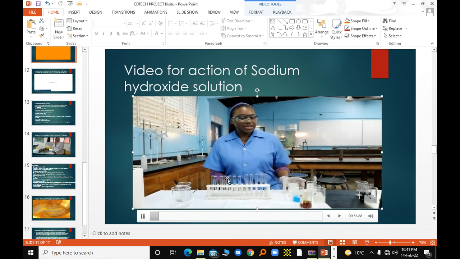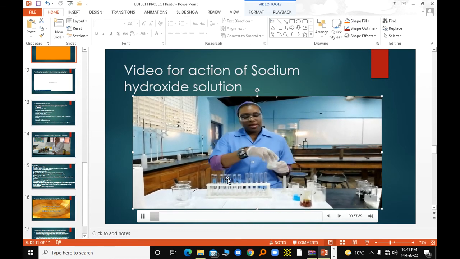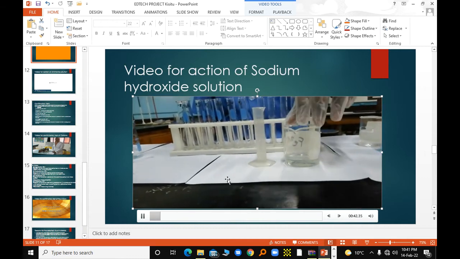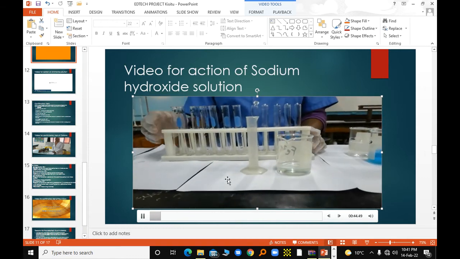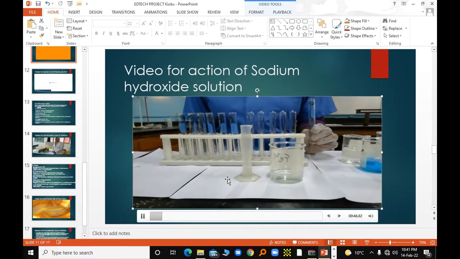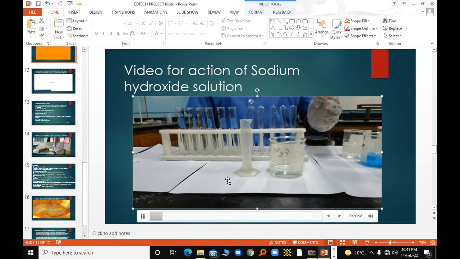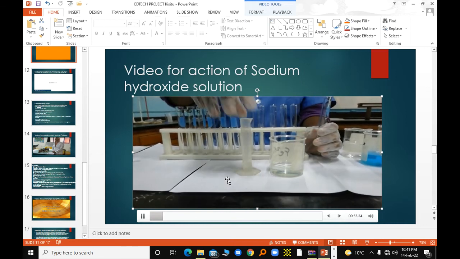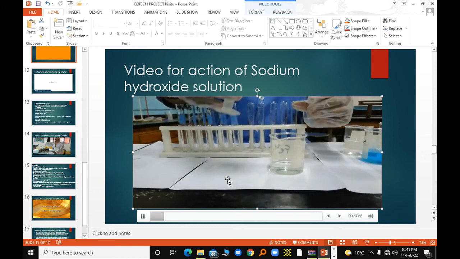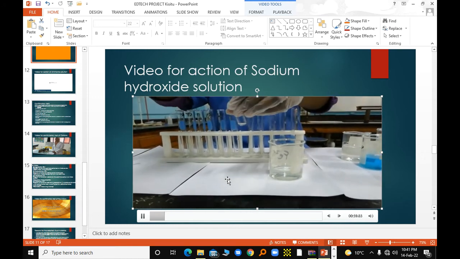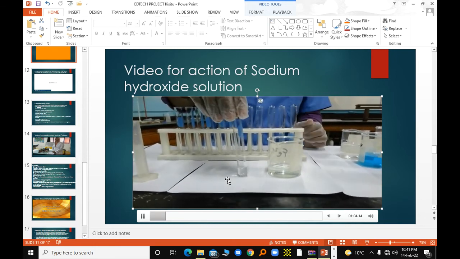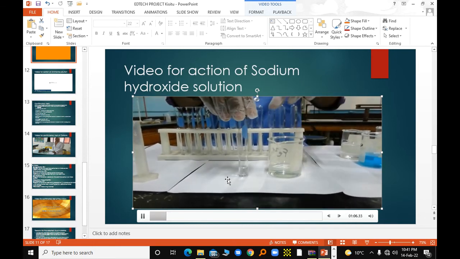The first test that we'll be doing will be with iron 2 and sodium hydroxide. Iron 2 is actually a pale green solution. That's iron 2 sulfate right there. I've gone ahead now to measure out 2 cm cubes of it so I can carry out my test, so you can know what 2 cm cubes look like. So we have 2 cm cubes of solution in the test tube.